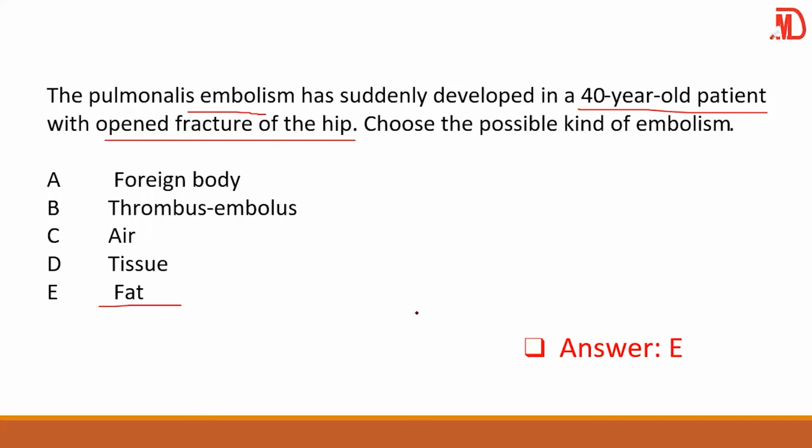But this one, I'm talking about fat because it's a bone fracture. Now, if you talk of thrombus, you are dealing with DVT or deep vein thrombosis or thrombophlebitis. All right. So the answer is E here.